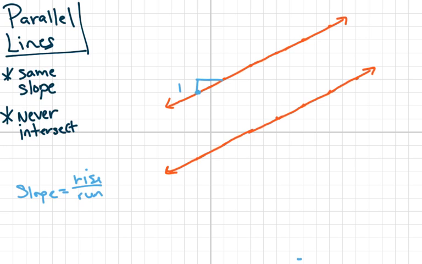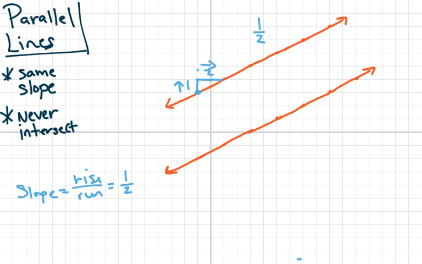Up 1 indicates a positive 1, and right 2 indicates a positive 2. If it was down, it would be negative, and if it was left, it would be negative. And so the slope of this line is 1 over 2.